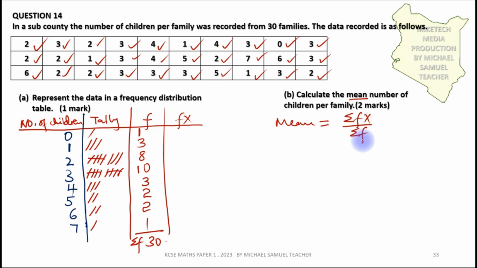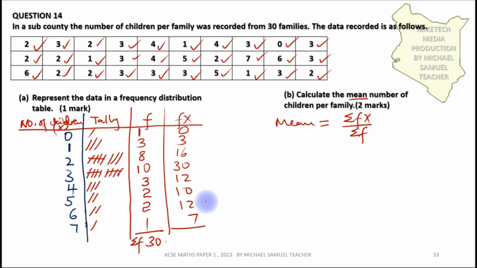So sigma fx is gotten as follows. This is our x, so 0 times 1 is 0, 1 times 3 is 3, 2 times 8 is 16, 3 times 10 is 30, 4 times 3 is 12, 5 times 2 is 10, 6 times 2 is 12, and 7 times 1 is 7.